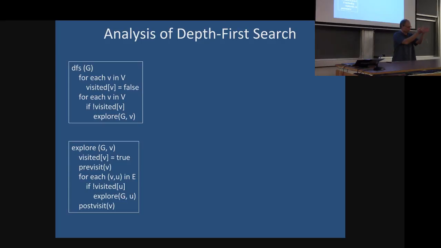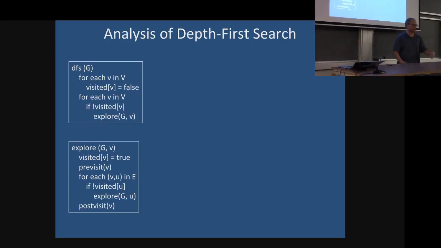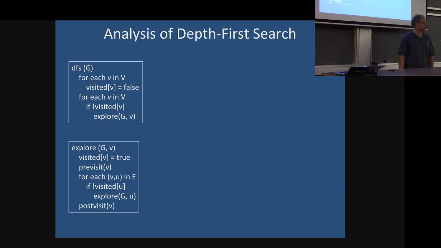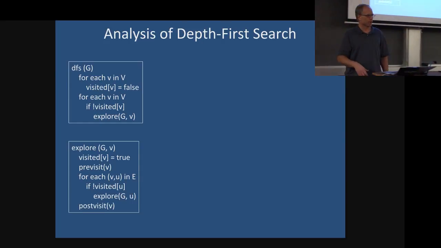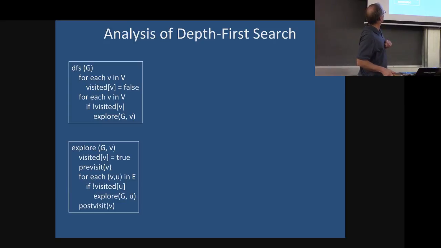Once for each chunk. It might call it once, it might call it V times. We don't know. So we have to be careful. If we assume that every time we call explore, it will explore all the vertices, we're going to end up with an overestimate. So we'll have to be a little bit careful. You'll see what I mean in a second.